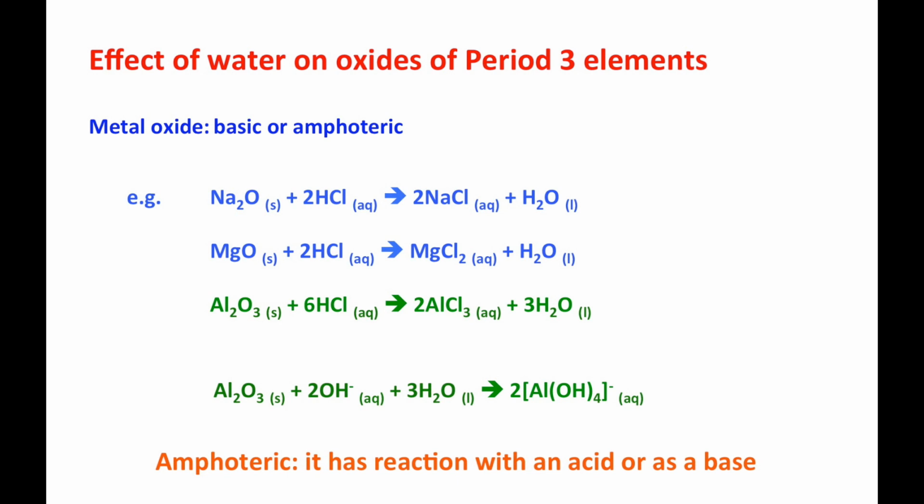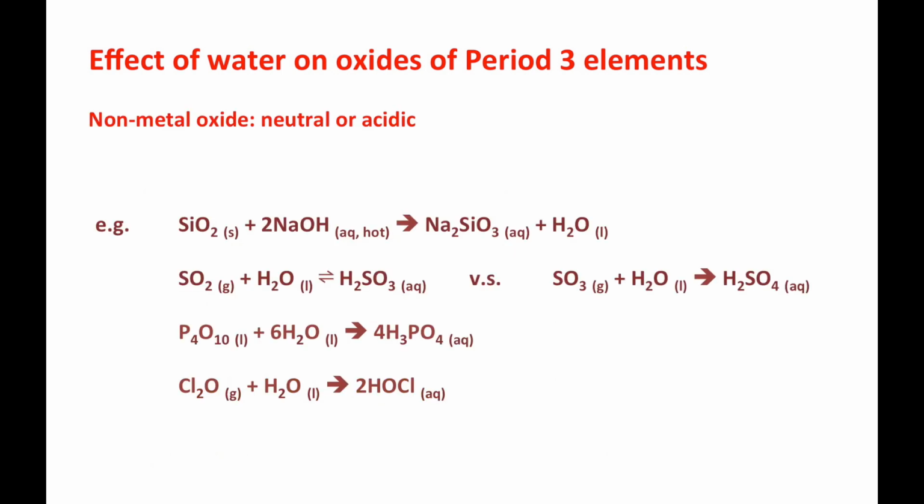This equation you have learned in the chapter on acid and base, when you learned that aluminium hydroxide will redissolve in excess sodium hydroxide solution. And here we have a special term, amphoteric. That means it can behave as an acid and a base, or you can say it reacts with both acid and alkali. For non-metal oxides, they will show neutral or acidic properties.